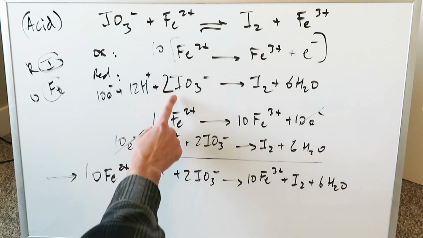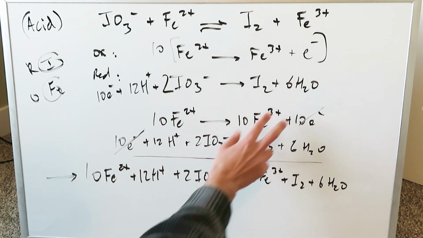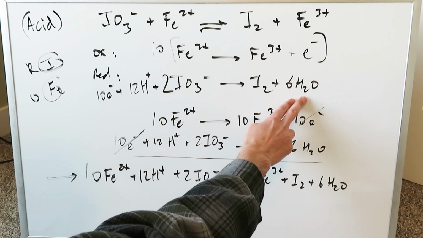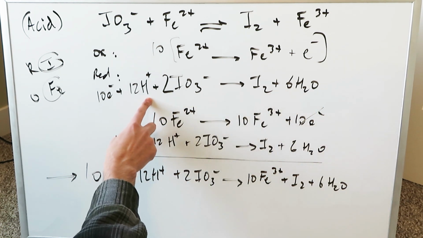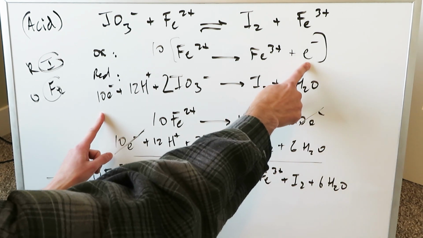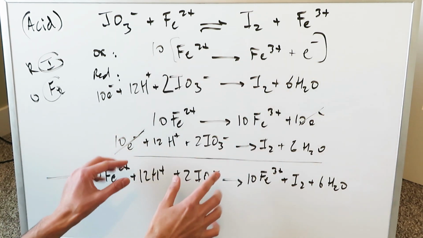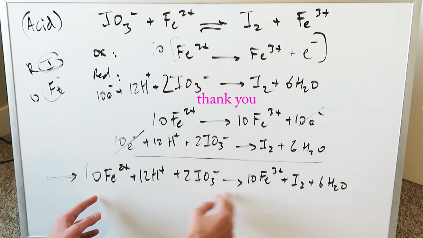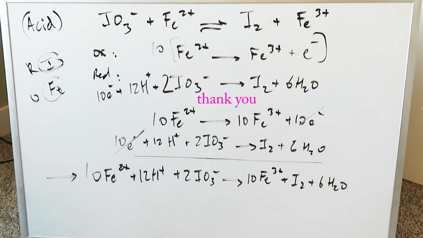Then you balance the oxygens by bringing in water molecules, then you balance the hydrogens by bringing in hydrogen ions, then you balance the charges, then you try to cancel out the electrons by multiplying with coefficients. You write everything in a single balanced reaction, and then you check at the end to make sure the charges on both sides are good. We have plus 30 here, plus 30 here, so everything is good, and this answer should be right.